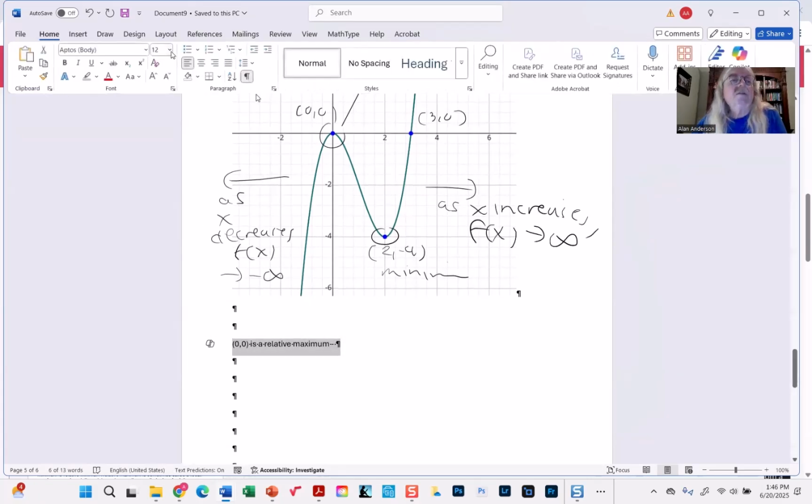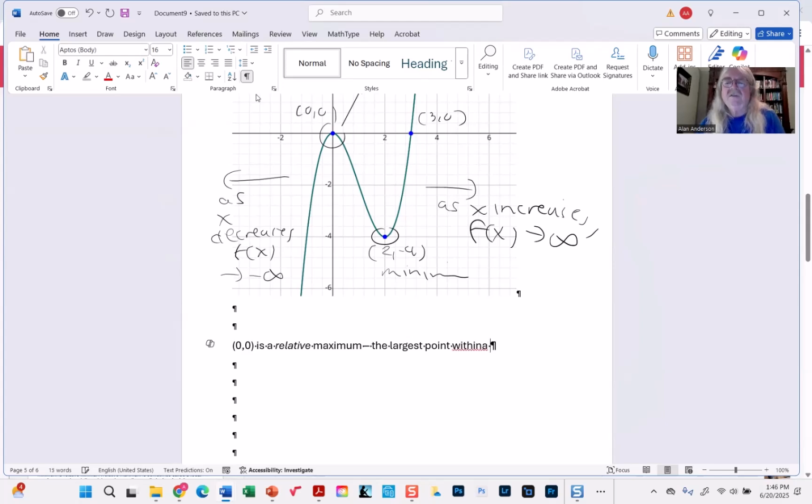we just make the font a little bit bigger. The magic word there is relative. The largest point within a given interval. 2, -4 is a relative minimum, and that's the smallest point within a given interval.